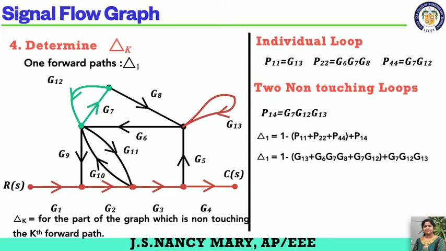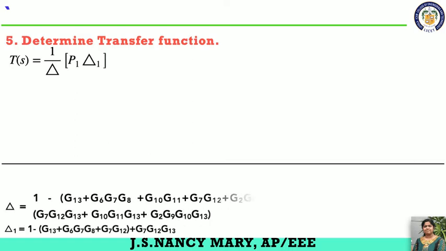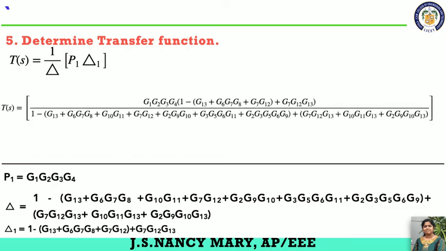Now we are going to substitute the same in our equation. So this is my transfer function, with my del 1, my del, and P1 substituted. So this is my final transfer function.